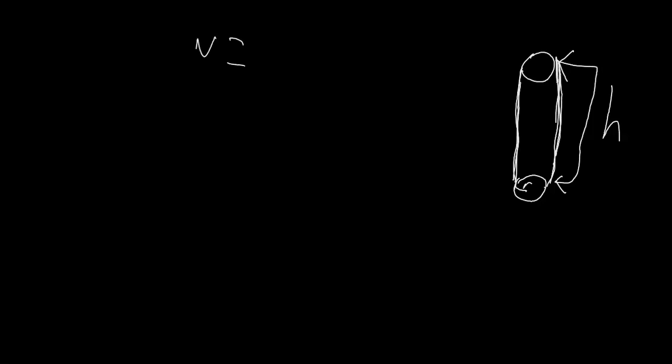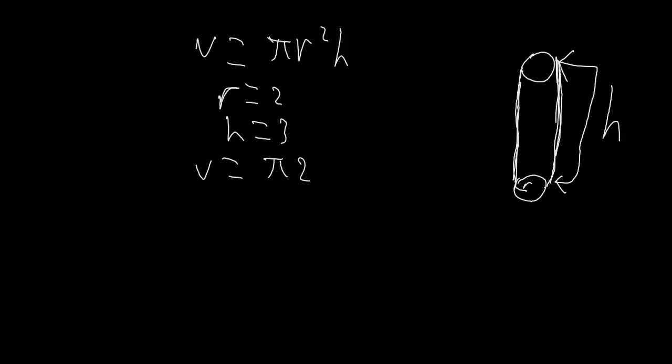Now the formula for a cylinder is this: pi r squared times the height. So in this case we need two things: the radius and the height. So let's just say, for example, our radius is just 2, and then our height is just 3. So we plug everything into the formula: 2 squared times 3.